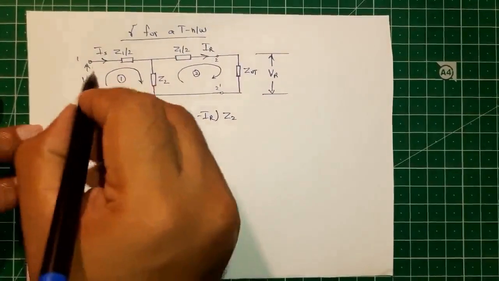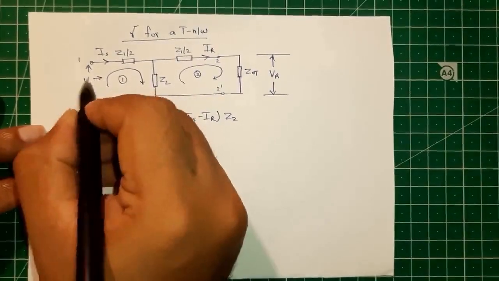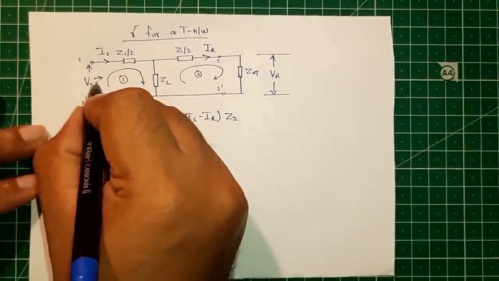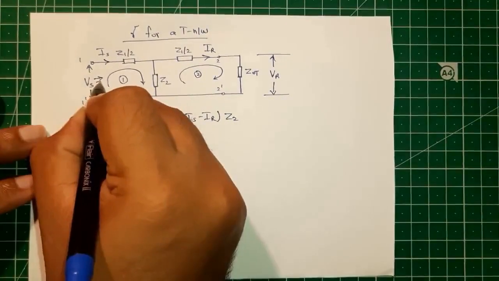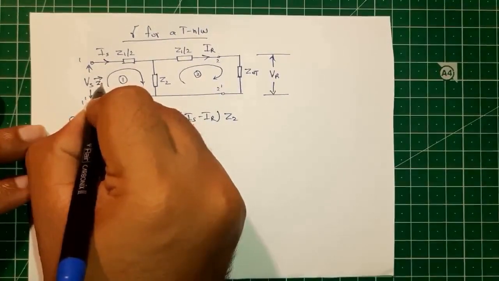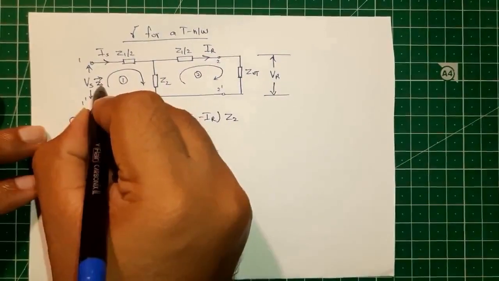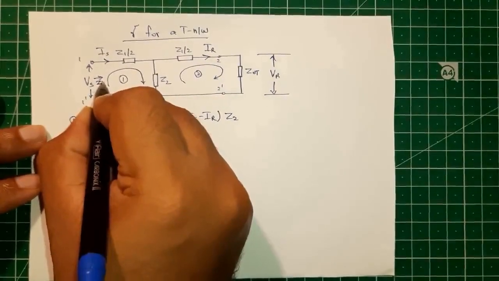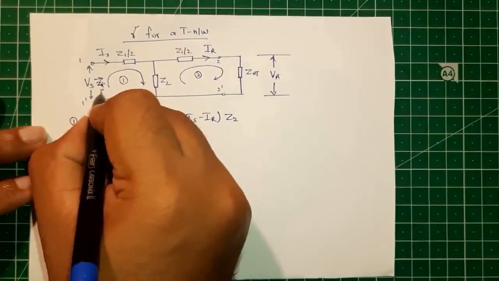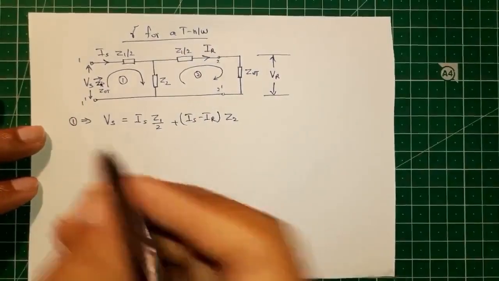Now what is Vs? We are looking from this side. So when we look at this side, since this network is terminated by its characteristic impedance Z naught T, what will be the input impedance Zi? That will be equal to this characteristic impedance Z naught T itself.